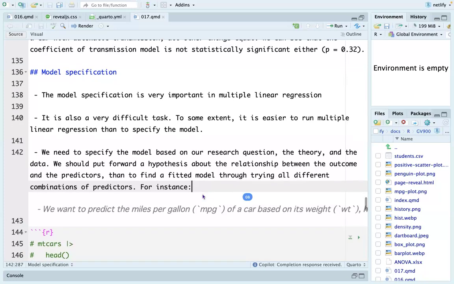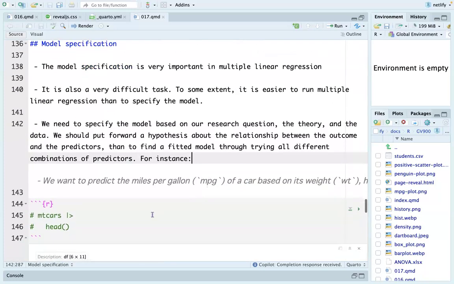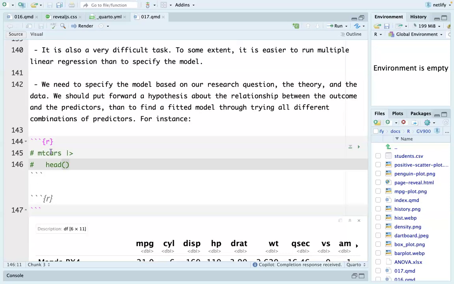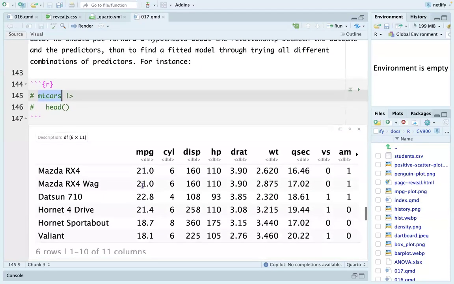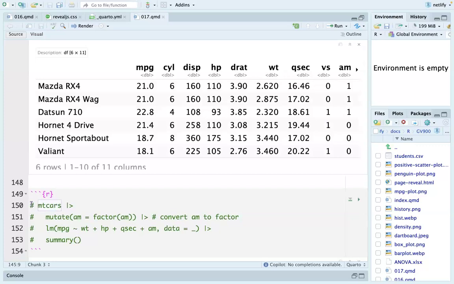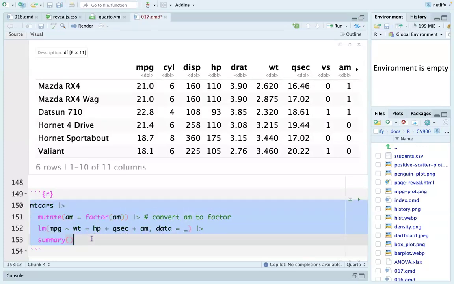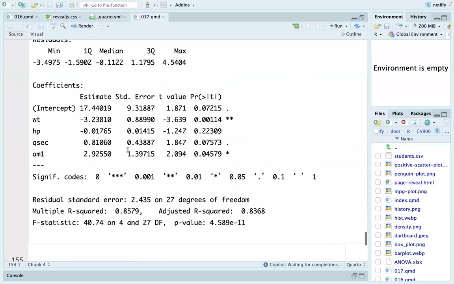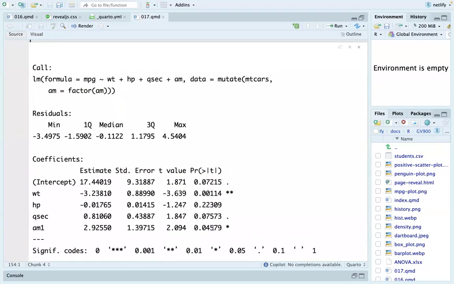But we have to be clear that we can't just first run the regression and try multiple variables. For example, if we find this is not very good, we use a different one. For example, we change the drat to qsec and see if it's better. It looks better because this one is significant.